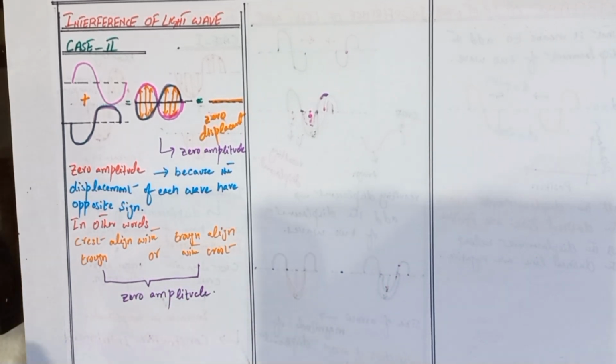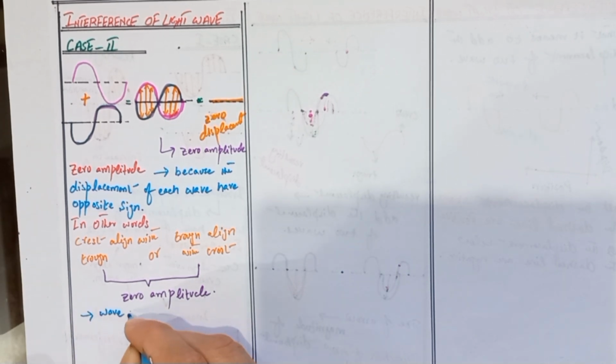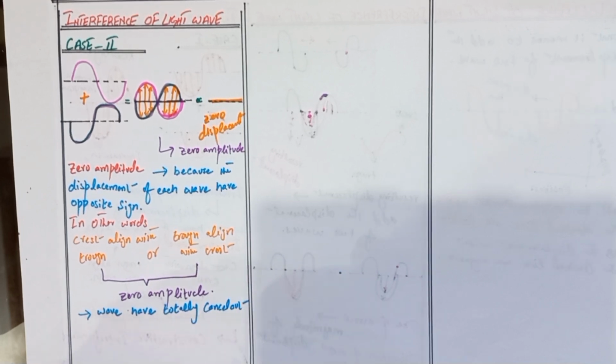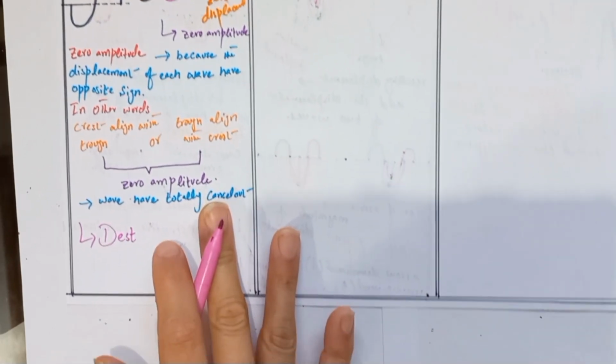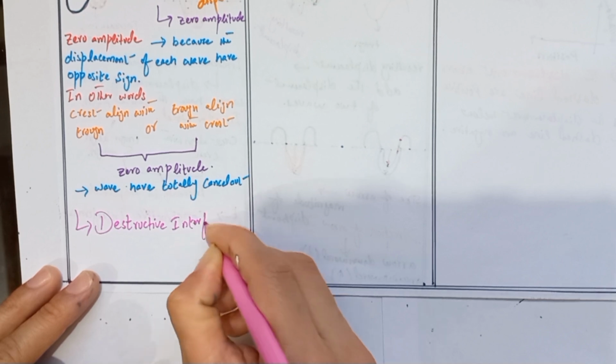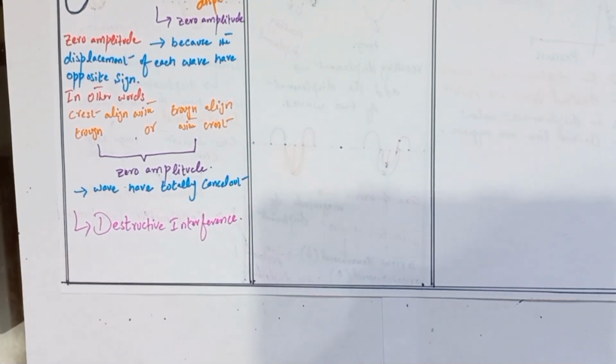This zero amplitude means that the waves have totally cancelled out. This process, where the crest aligns with trough or trough aligns with crest and we get zero amplitude in the resultant, is called destructive interference.